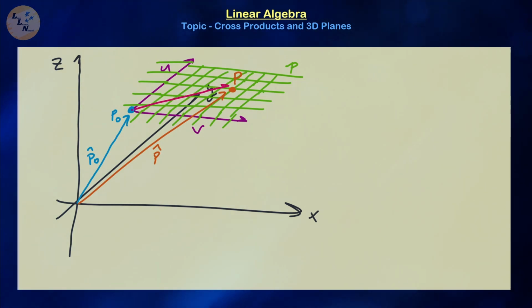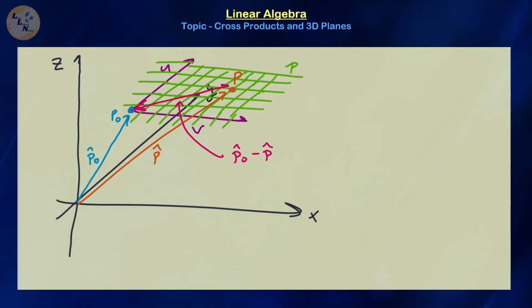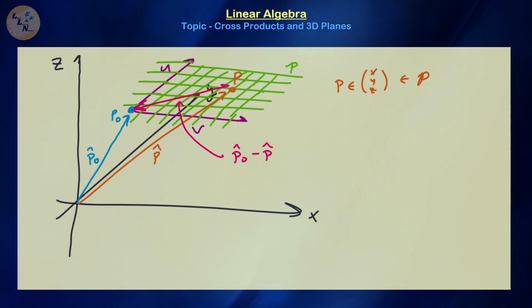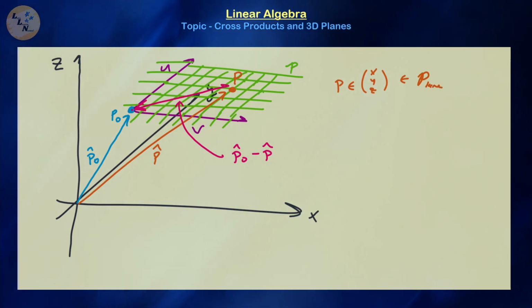You can choose either direction. Let's assume we choose this particular direction, from P pointed in the direction of P0. So we know that that vector there is going to be p hat 0 minus p hat. Right? So here we're assuming that P is any point x, y, z that belongs to our plane. Okay, so that is our assumption here.